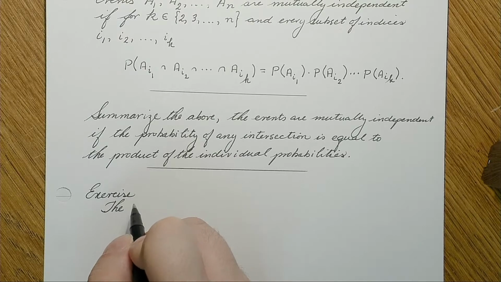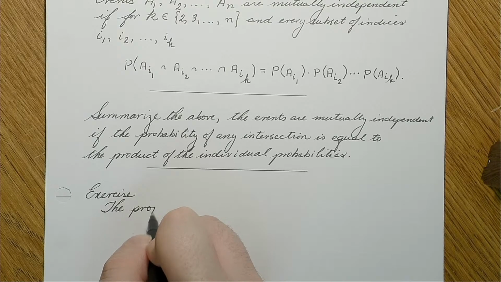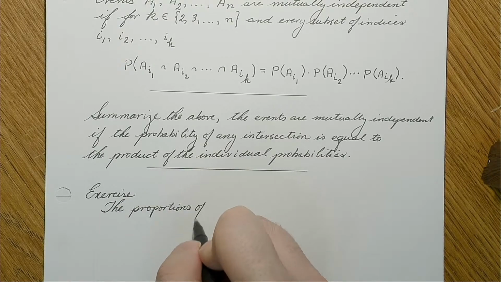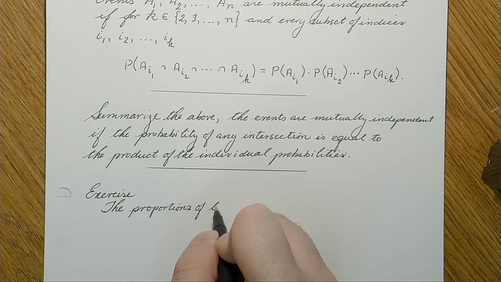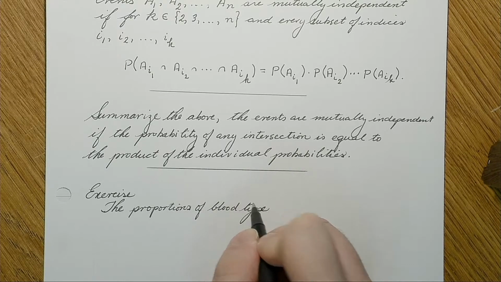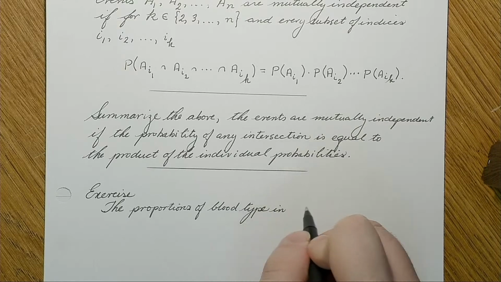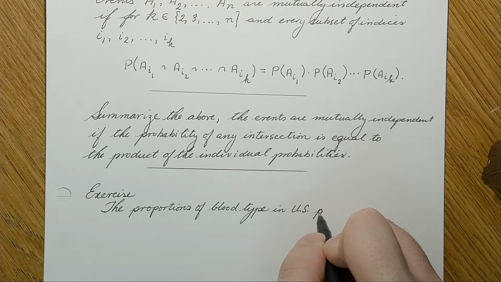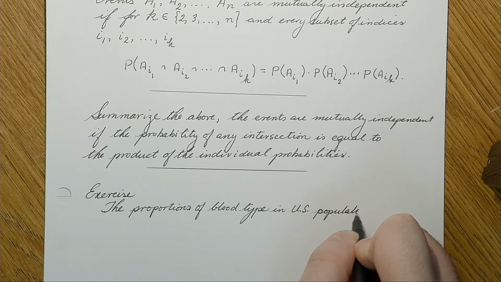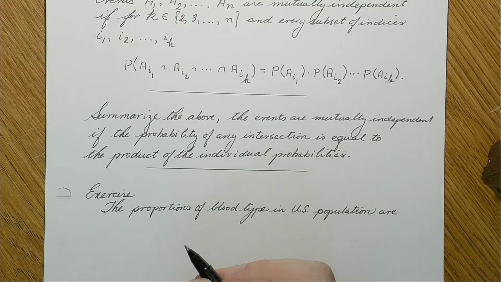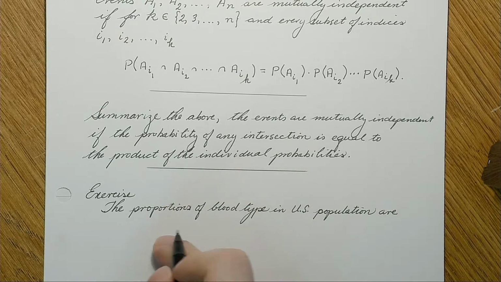Now they use the proportions, but let's say the proportions of blood type in the US population are, so what they did was they had, what are the four types?